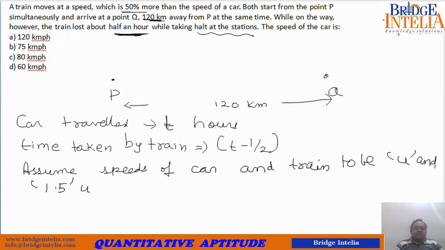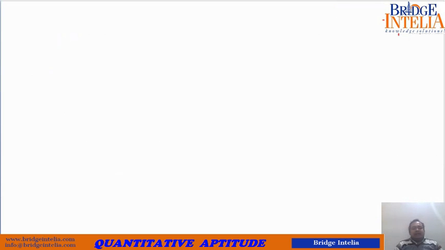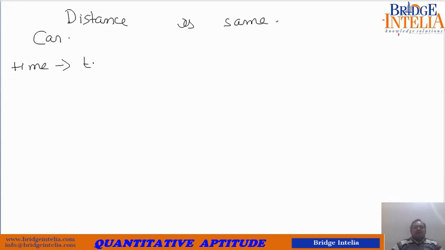Now what is common between these two entities? What is common between train and car? They both are covering same distance. Distance is same. So car, time taken t hours, speed u.